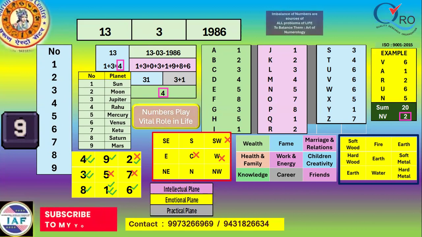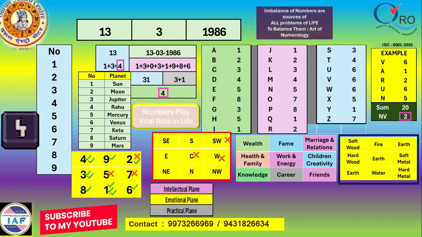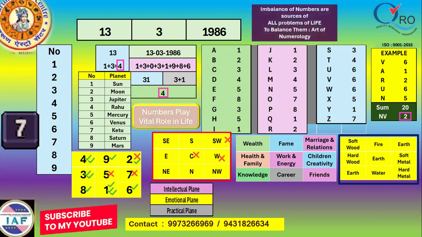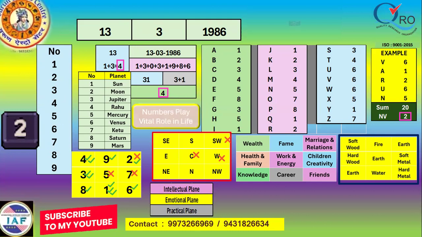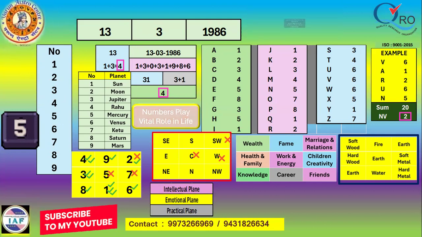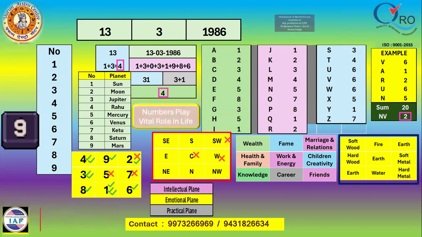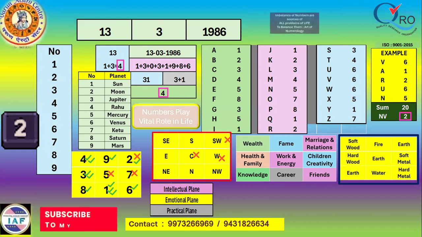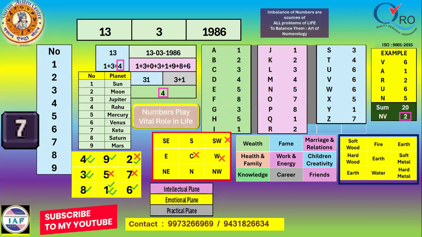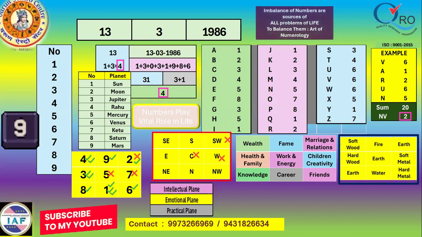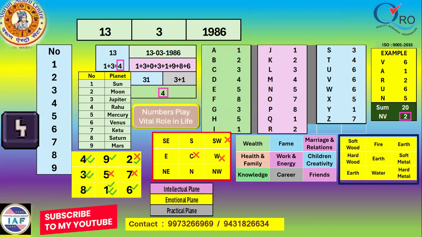So 492, the first horizontal plane, is the intellectual plane; the second, middle plane is the emotional plane; and the third is the practical plane. Again I repeat, 492, the upper horizontal plane, is the intellectual plane; the middle plane consisting of 357 boxes is the emotional plane; and the boxes in which 816 is established is the practical plane.